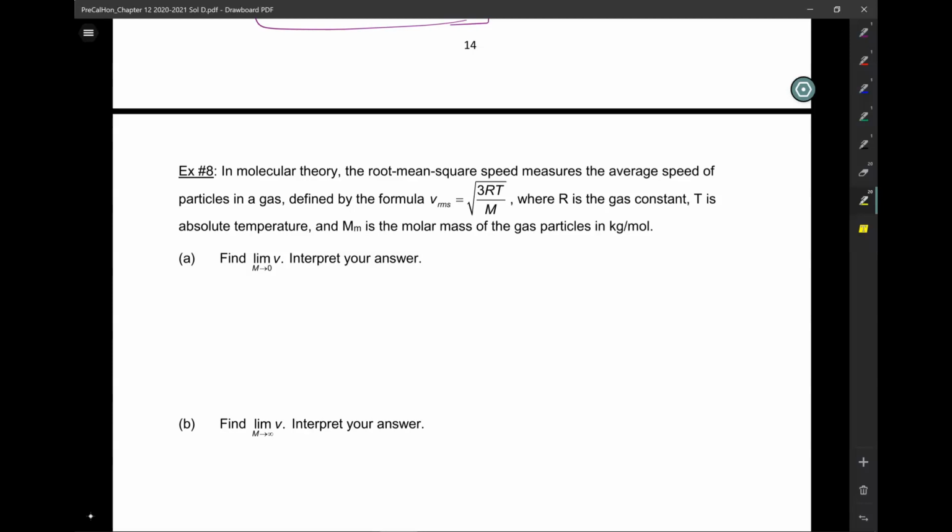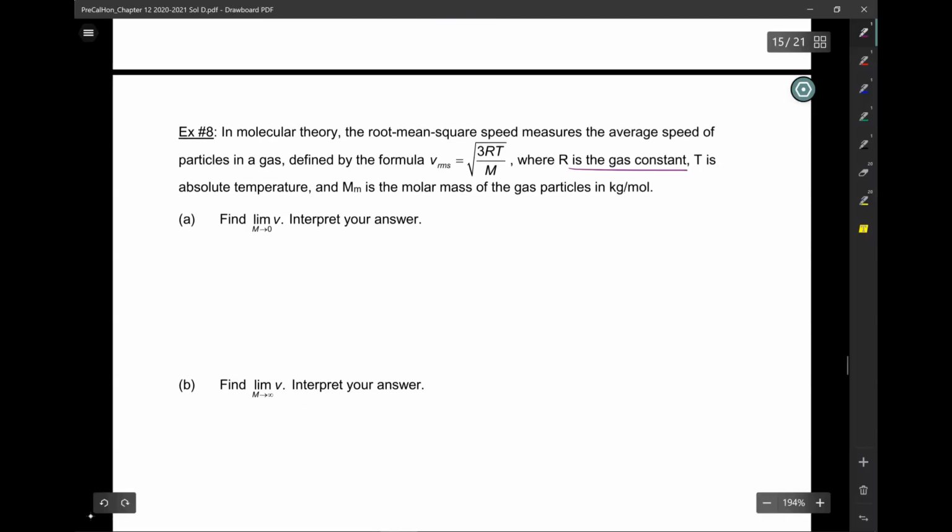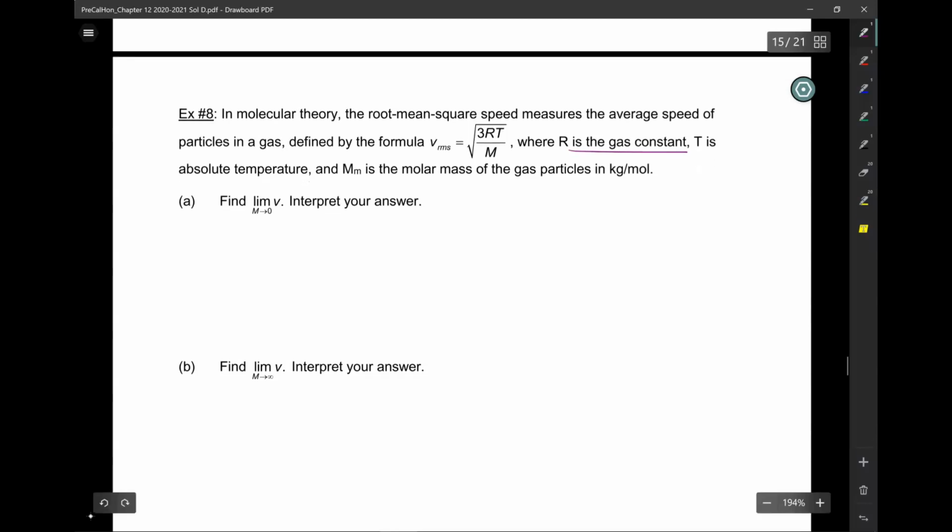Okay, R is a constant. T is temperature. M is the molar mass of the gas particles in kilograms per mole. Now, you want the limit of V as M approaches 0. First, we're confused. But you can't just stare at the page and remain confused.